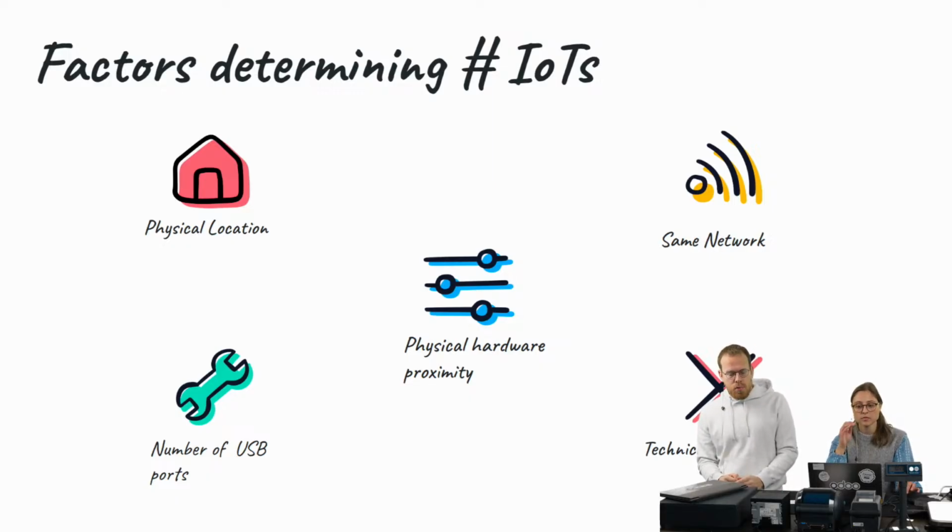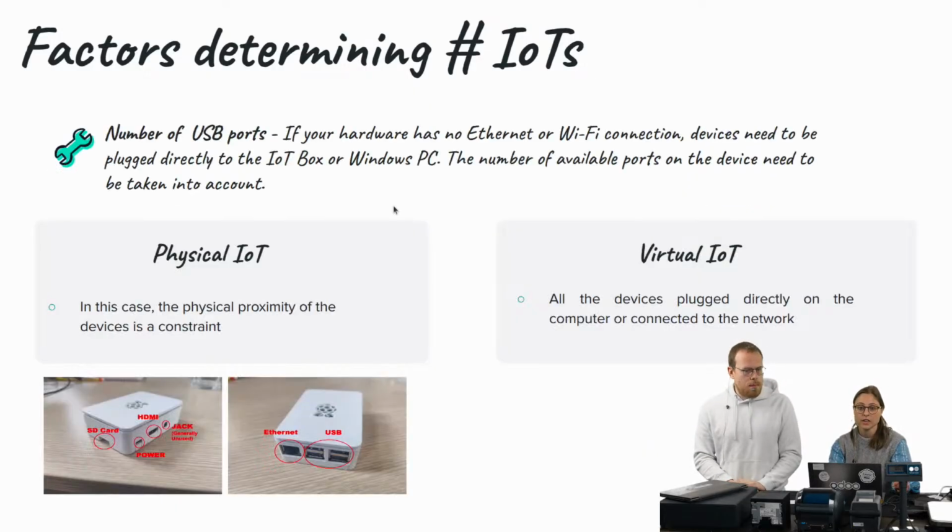And once it's done properly, then you will be able to see the device on the IoT. But most of the time, you will be able to see all the other devices, but not the terminals.